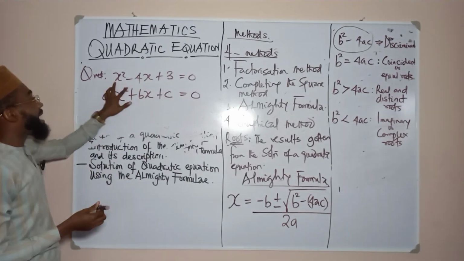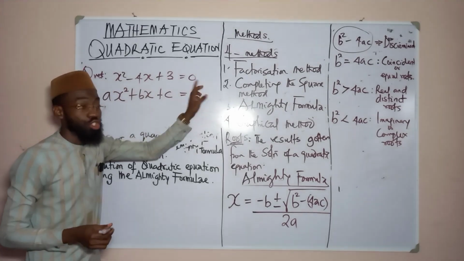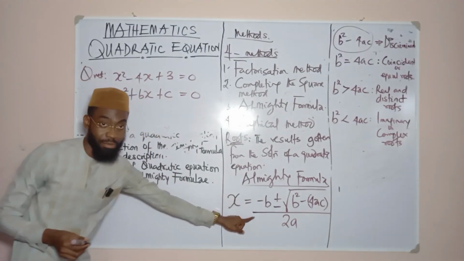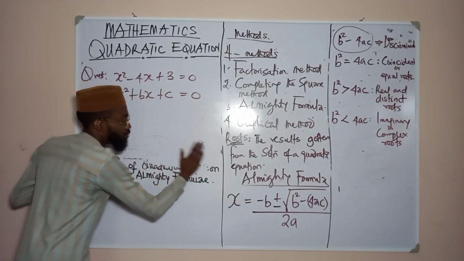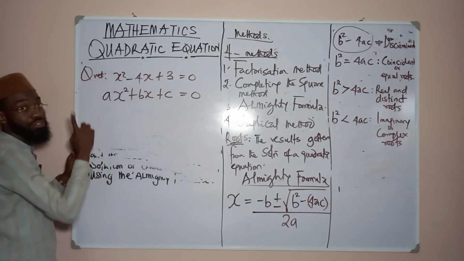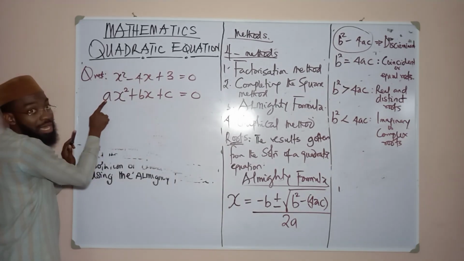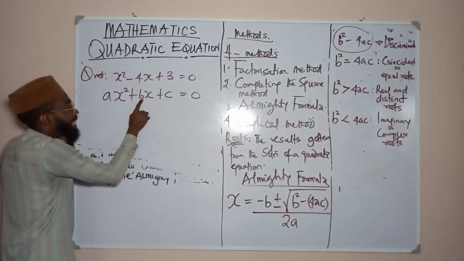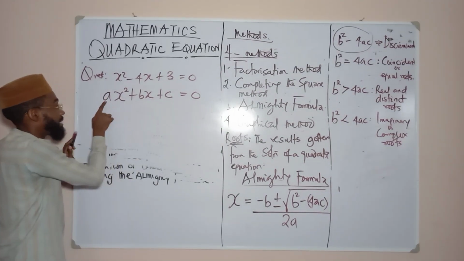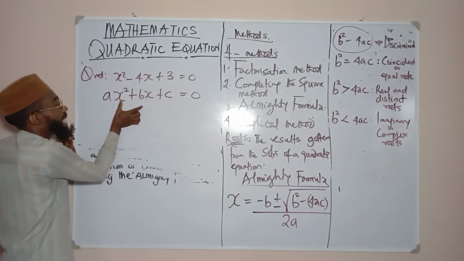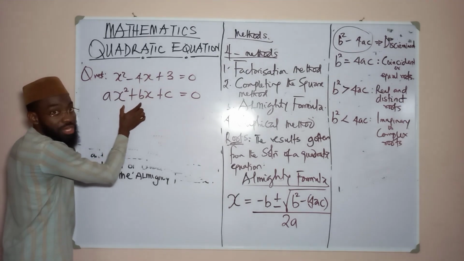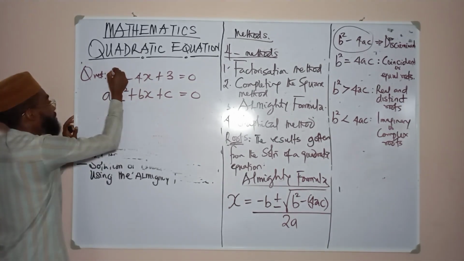Now, we are going to learn how to solve this quadratic equation using this almighty formula. But before you commence, the first thing you need to identify are these constants, a, b, and c. To get those letters, you compare them with the general form of a quadratic equation. Remember what I told you?